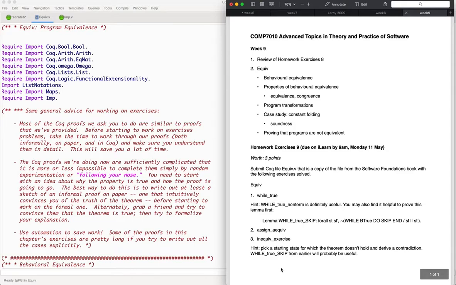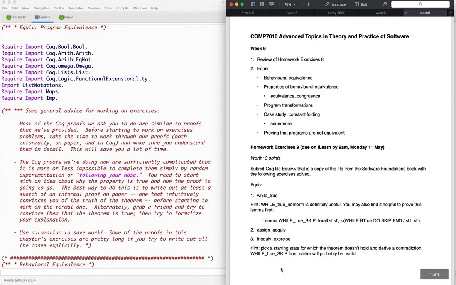This is useful for things like if we're doing an optimization in a compiler and we want to transform a program into a better version of that program, we'd like to be sure that we don't change the behavior of the program when we do that. So we'd like to know, for example, that the optimized version of the code always behaves the same way as the unoptimized version of the code, for some definition of behaves the same way.